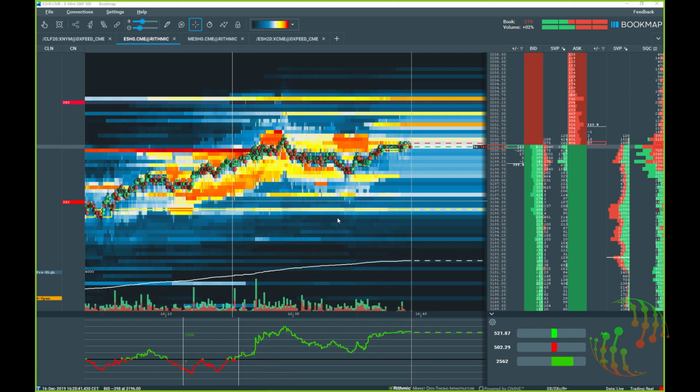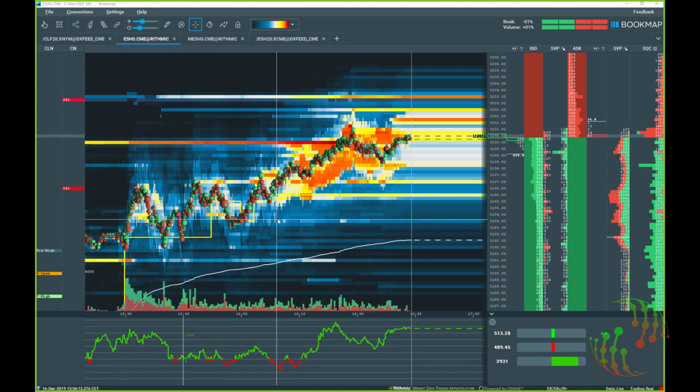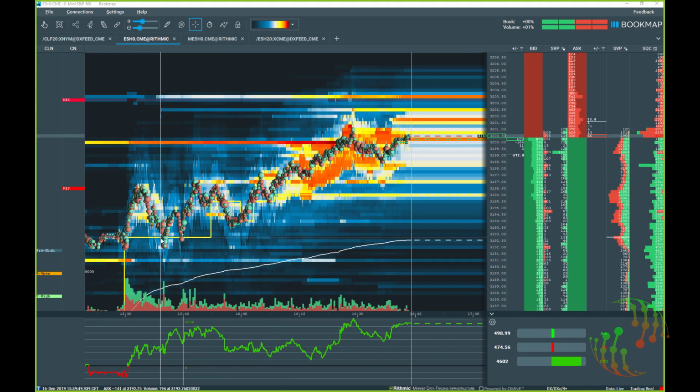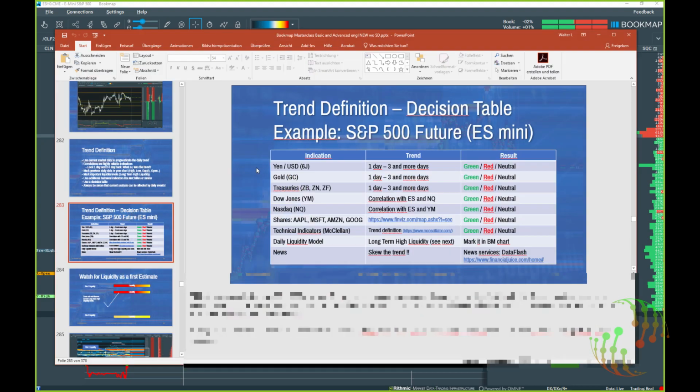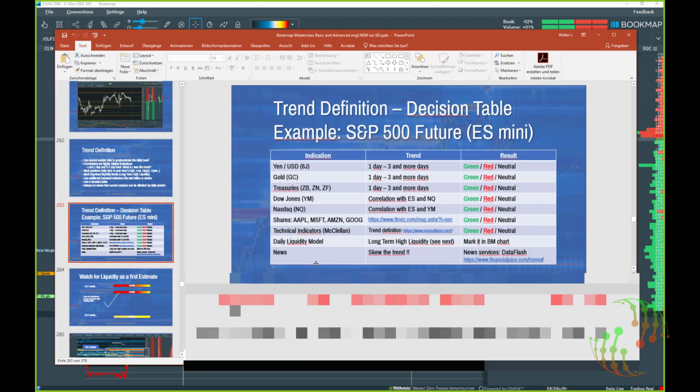The other point is, as shown today in the preparation section before the open, we said that this is a possible target at 3,200. Why was it a possible target? Because I have developed not only a decision table, but everyone who did the seminar knows what's behind these acronyms, the meaning of these indications, that these are real-time indications.